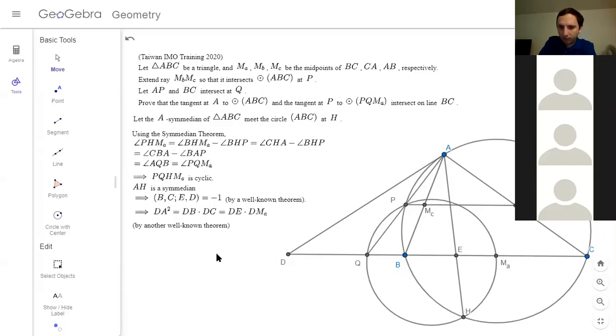Or maybe DQEMA. See. Are these four points in harmonic conjugation, DQ, E, and MA? Let's see.